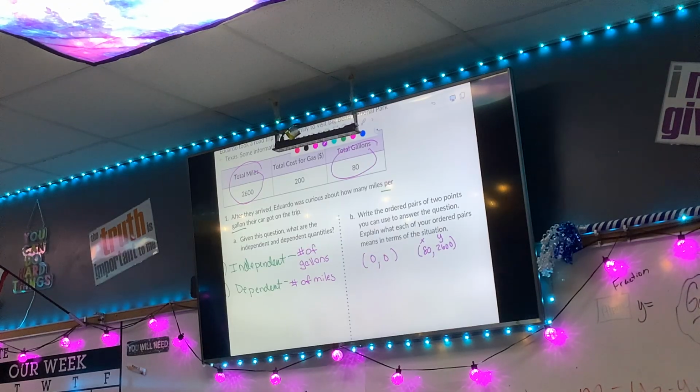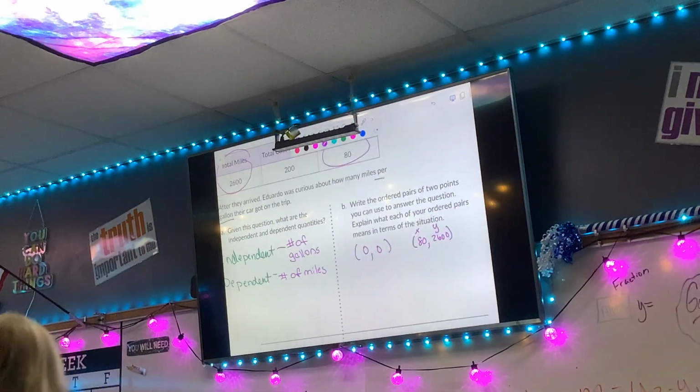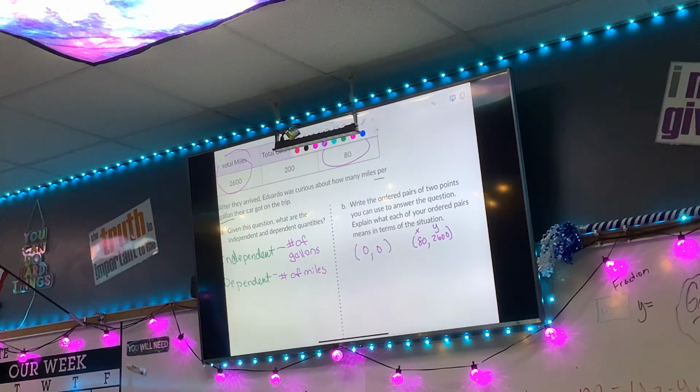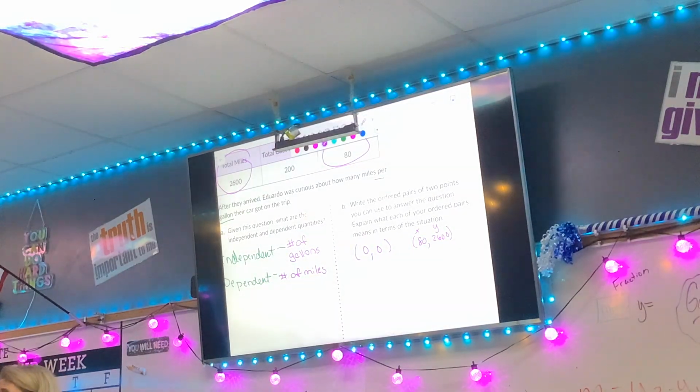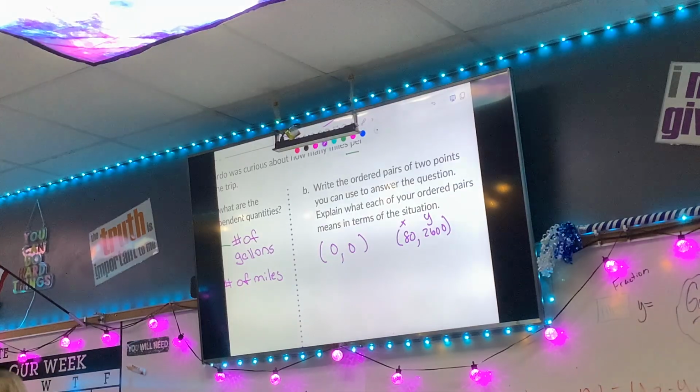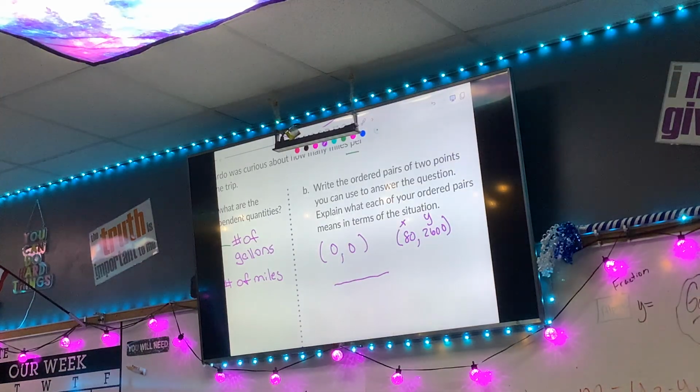Now, we are going to set this up where we can work it. It is your choice whether you use the slope formula or whether you do delta y over delta x. But I'm going to set this up as a table because this will also help you on your Friday work. On one of your IXL assignments, they're giving you 2 ordered pairs, and you're going to have to find the slope and y-intercept. So I need to make this into a table.